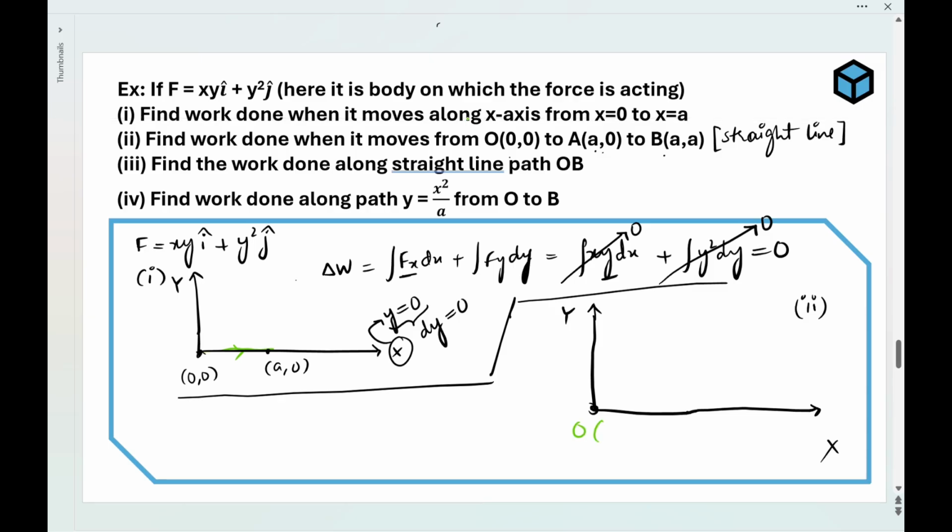Here it's O, which is 0, 0, then A, which is (A, 0), and B, which is (A, A).